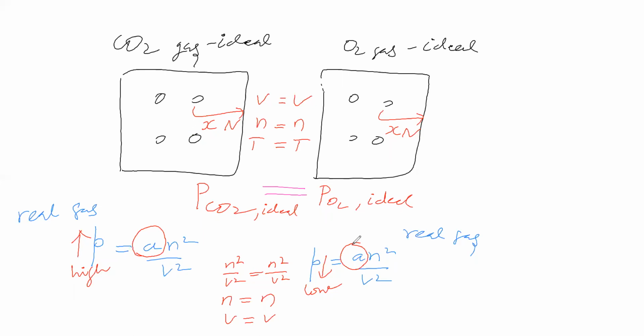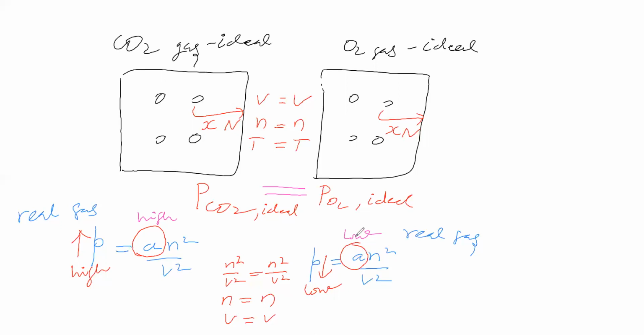One student says carbon dioxide is having the higher magnitude of A value: this value is high, this value is low. So van der Waals constant A is high in carbon dioxide and low in oxygen.